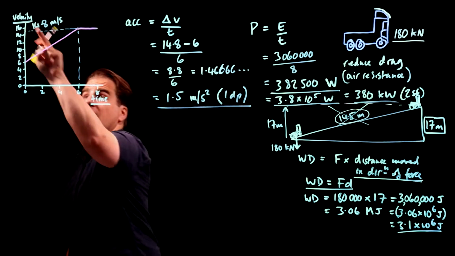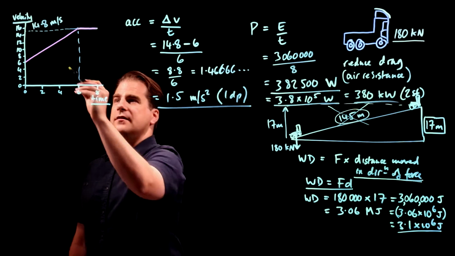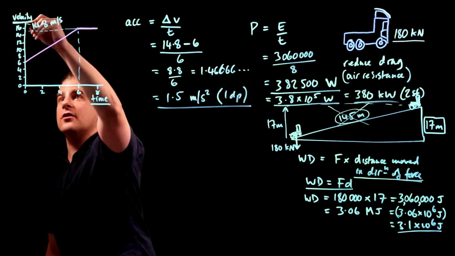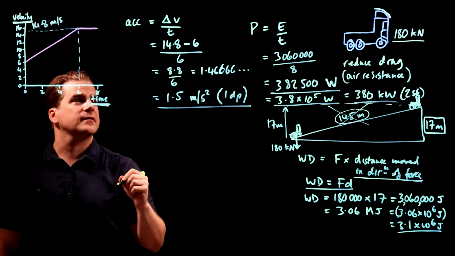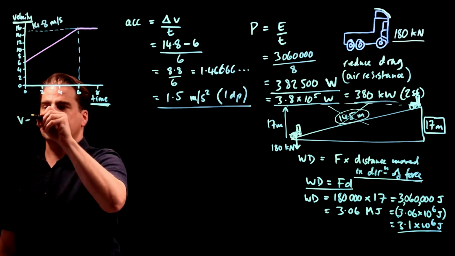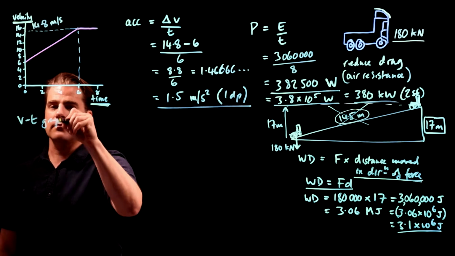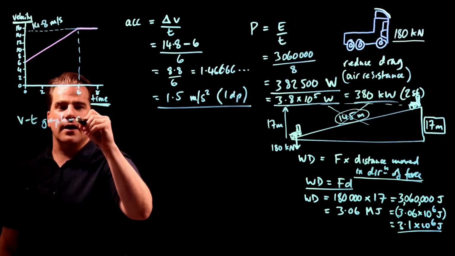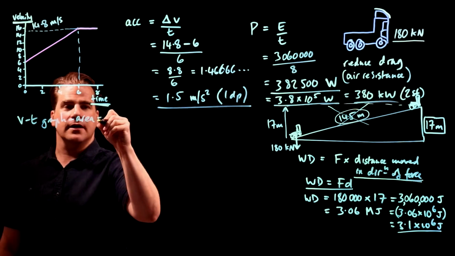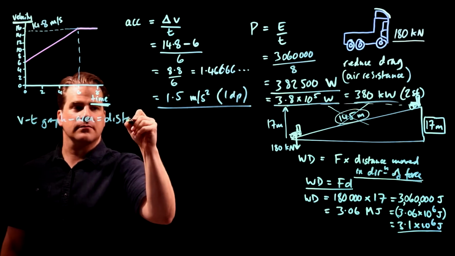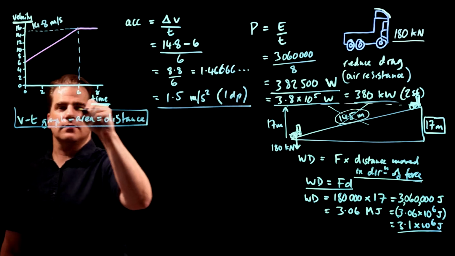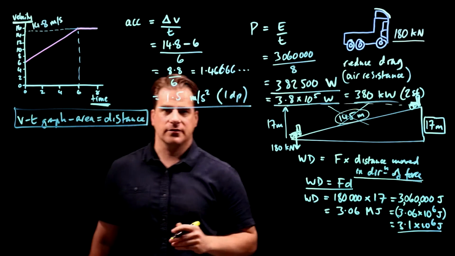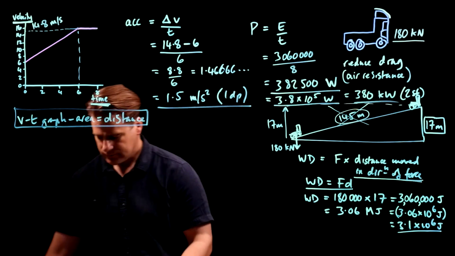That only works on a velocity time graph. The area under the graph, it has to be velocity time. So where should we write that? Here. On VT graph, area is distance travelled. You've got to know that.